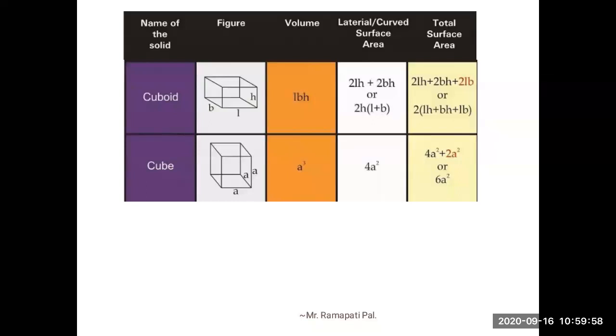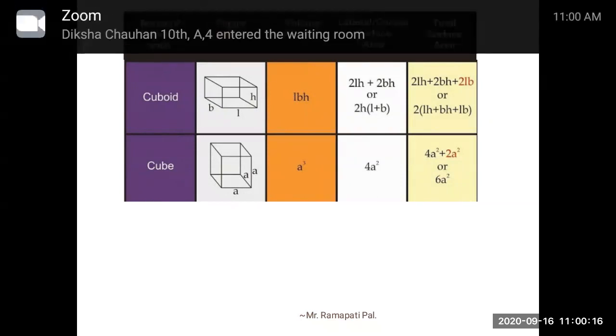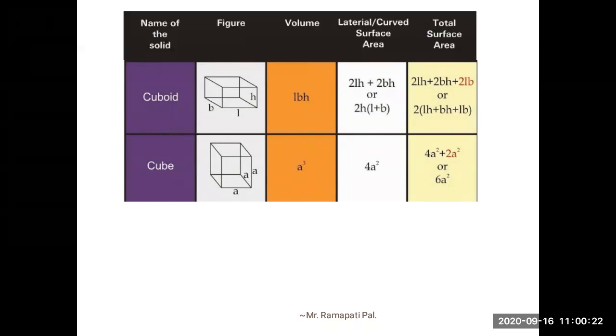We leave 2 faces, top and bottom. Then it becomes 4 faces. So the lateral surface area is 4a square. Is it clear? 4a square.